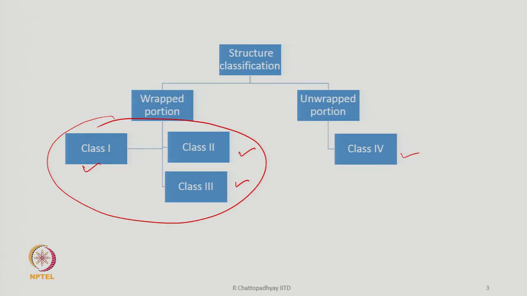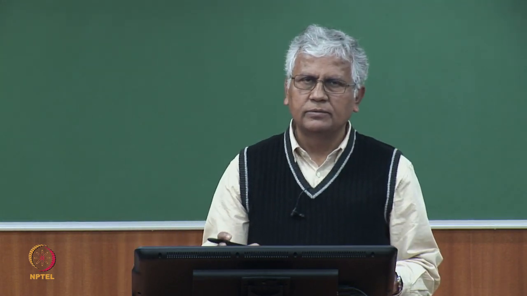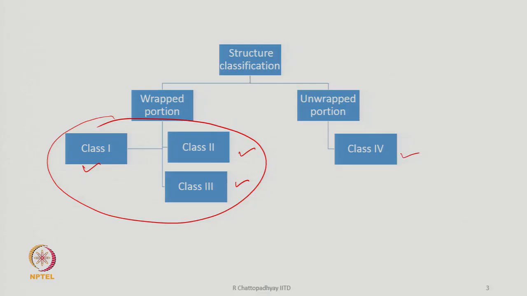There are different types of wraps, known as class 1, class 2, class 3 types of wraps. Different people have classified them differently, but generally we can say there are three different types of wraps, and some part of the yarn does not show any wraps, and that will be known as class 4 type of yarn part.